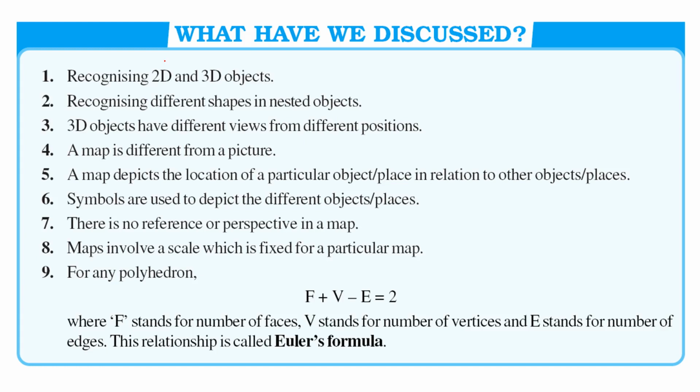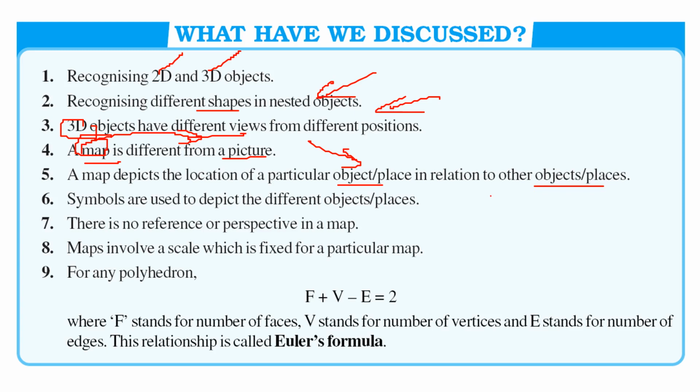So what we have discussed: how to recognize 2D and 3D objects, how to recognize different shapes in nested objects, and that 3D objects have different views from different positions. A map is different from a picture, because in a picture we have different perspectives, in a map we don't; we follow a scale. A map will depict the location of some object or place in relation to other objects and places.